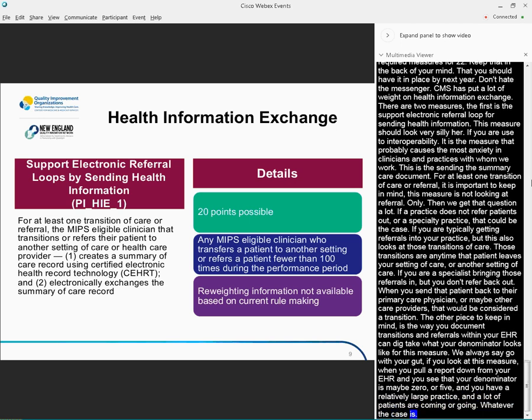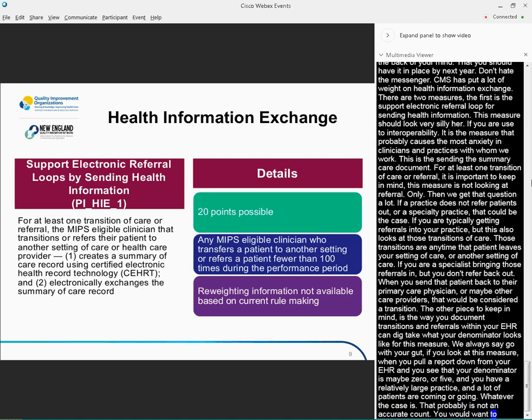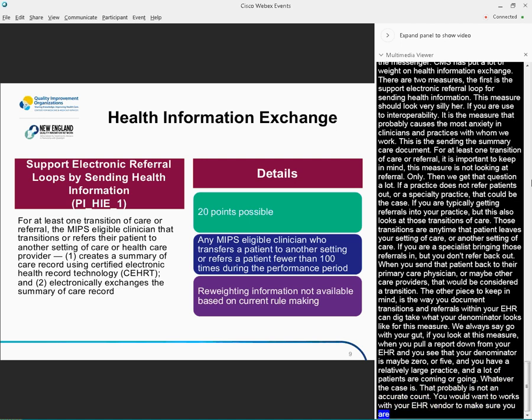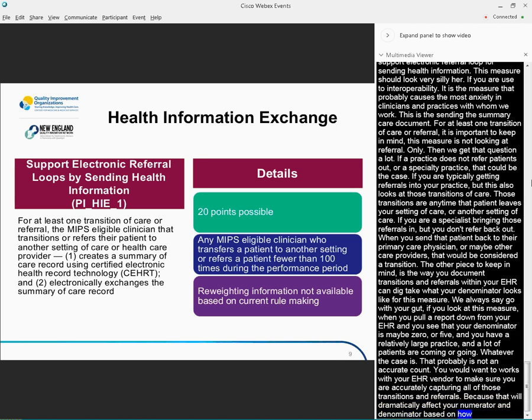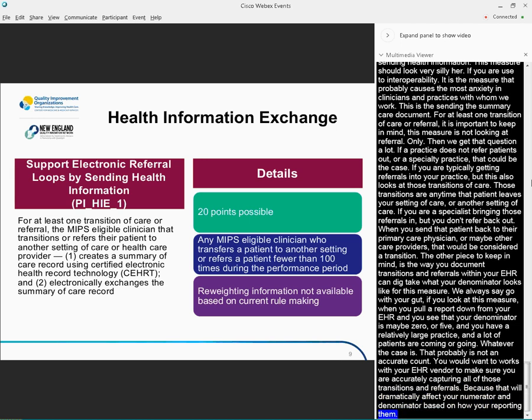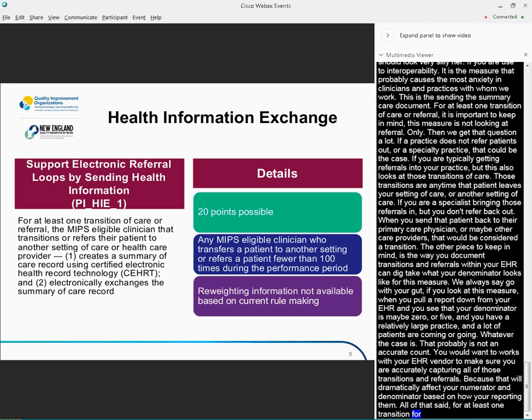You'd want to work with your EHR vendor to make sure that you're accurately capturing all of those transitions and referrals, because that will dramatically affect, obviously, your numerator and your denominator based on how you're reporting those. So, all of that said, for at least one transition or referral, the MIPS eligible clinician sends the summary of care using that certified EHR technology, and it has to follow that CCDA document structure.